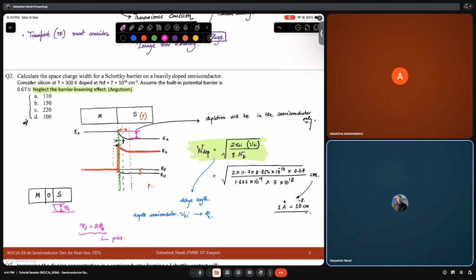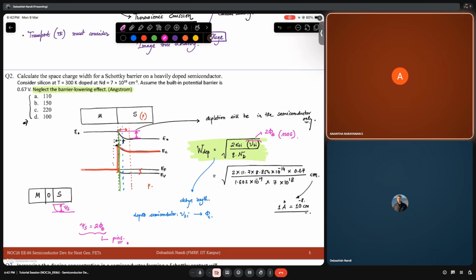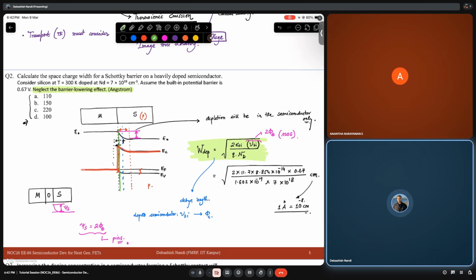That is why in MOSCAP, this is replaced by 2 phi B. MOS structure, right? Okay, sir. And this equation also holds for PN junction diodes. So remember, this only depends on how much my energy band bends.